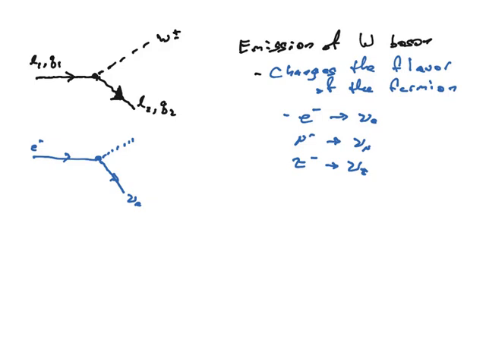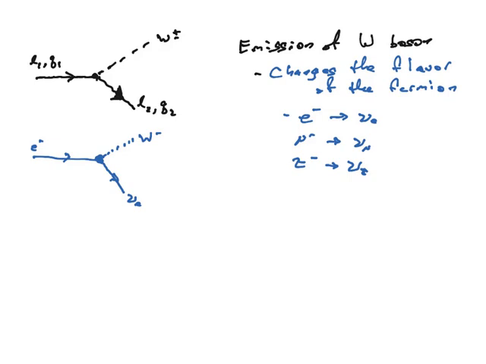This W would have to be a W minus. How do I know? Charge conservation says on the left side of this vertex, we look at the total charge, minus 1. On the right side of the vertex, we have to have the same charge. Well, the neutrino has no charge, so the W better have the minus 1. So it's a W negative. So there's an example of this changing the flavor of a fermion from an electron to a neutrino.